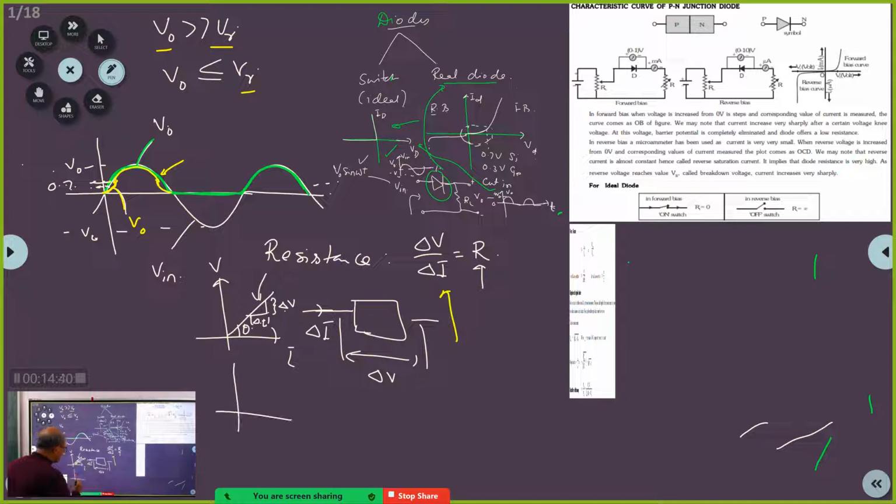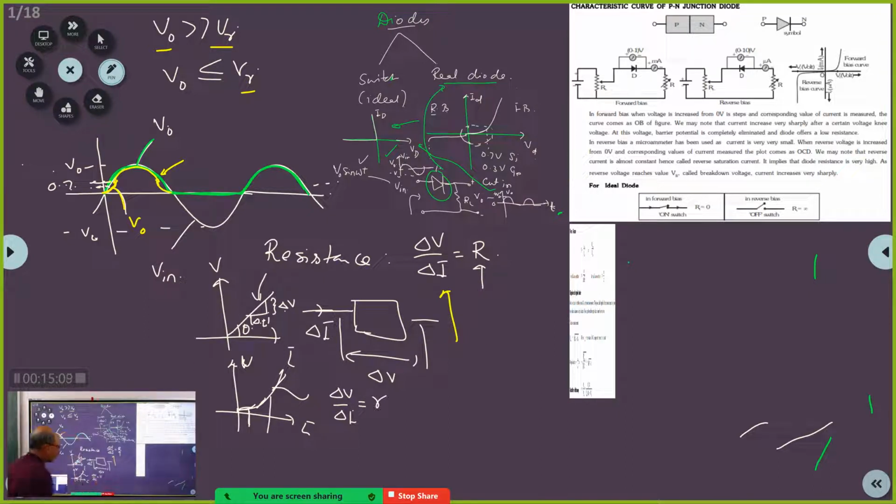Now, supposing the characteristic is like this. Then the slope of this characteristic, V versus I, is different here, different here, different here. That means the resistance is not constant. Delta V by delta I is not constant at all the points.